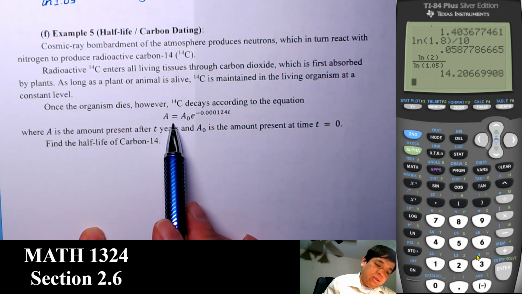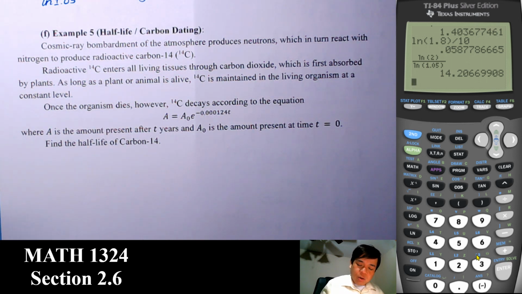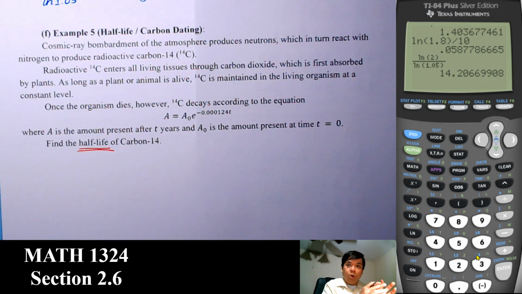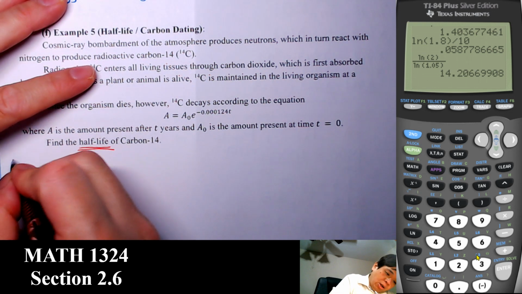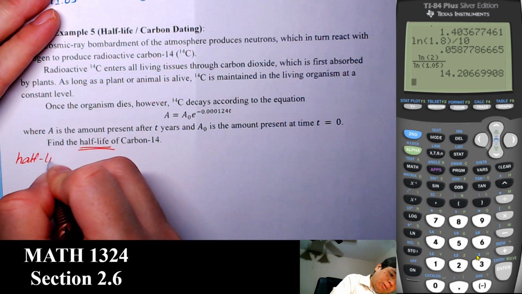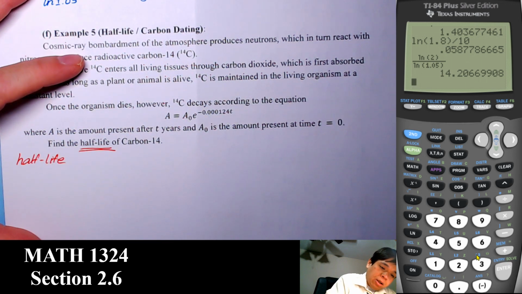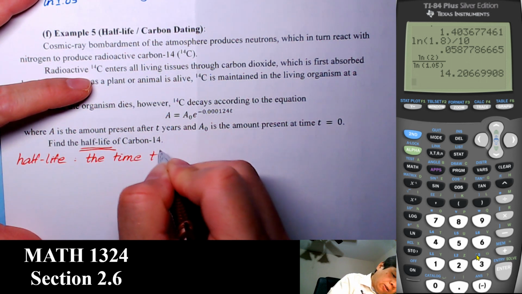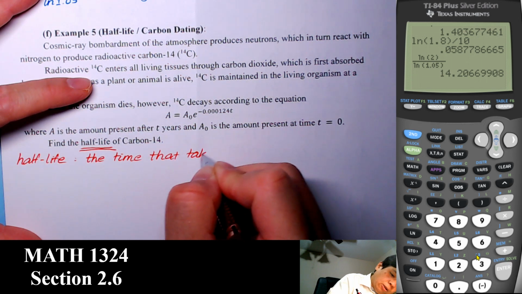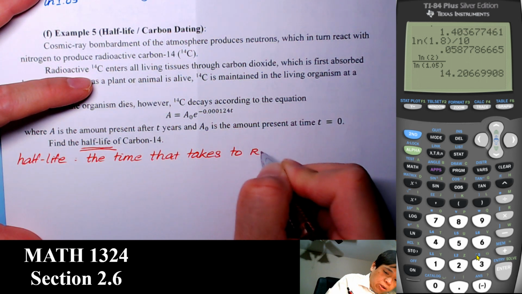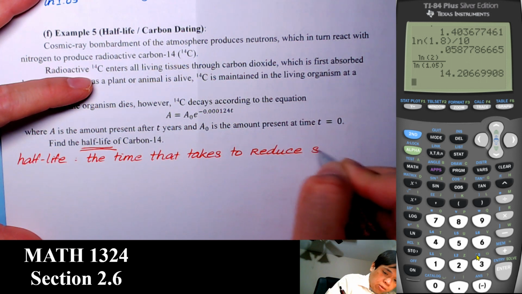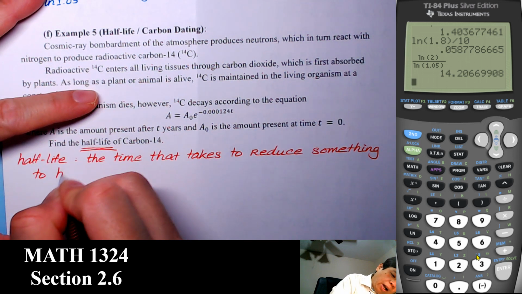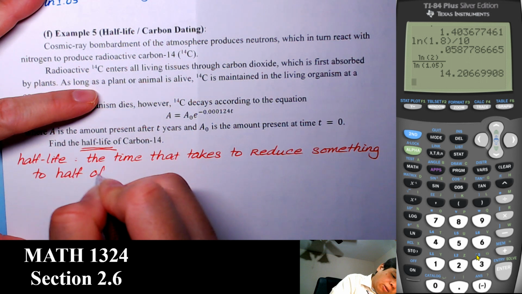Now find the half-life of carbon-14. The half-life means the time that it takes for the carbon-14 to reduce to half of its original amount. So half-life is the time that it takes to reduce something to half of its original amount.